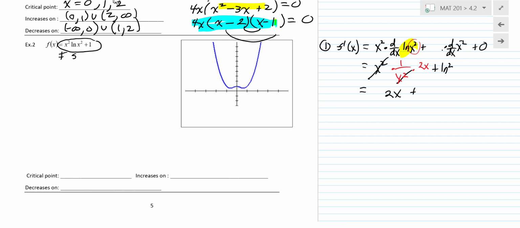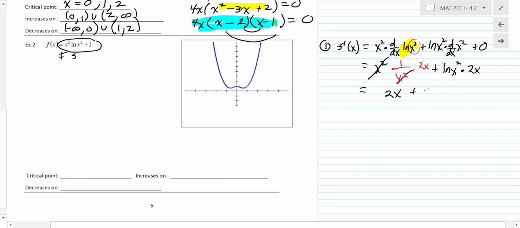The second one is ln x squared, right? Is that better? Yeah, okay. So I've got ln x squared here, and the derivative of x squared is 2x. So this derivative is 2x ln x squared. Now I've got it. I'm going to be careful about where you put that square.